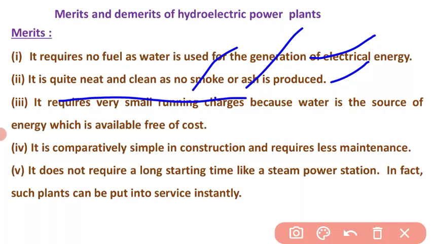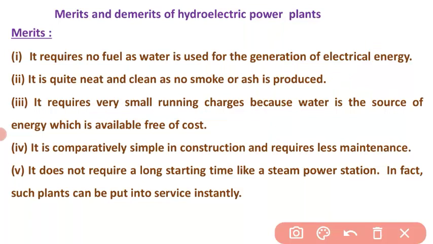It requires very small running charges, because water is the source of energy which is available free of cost. If you compare with the thermal power plant, coal is required, right?